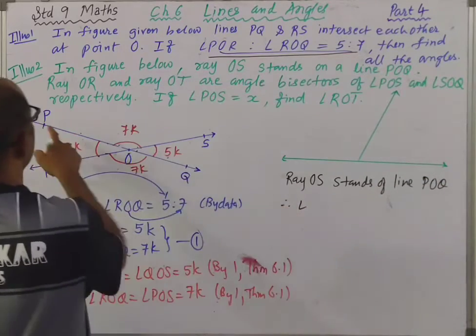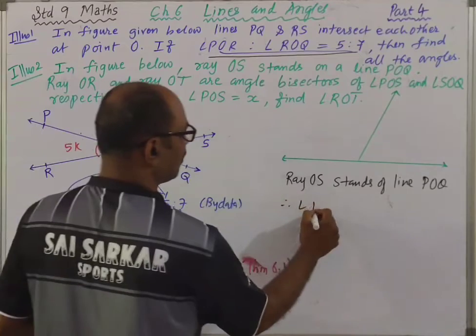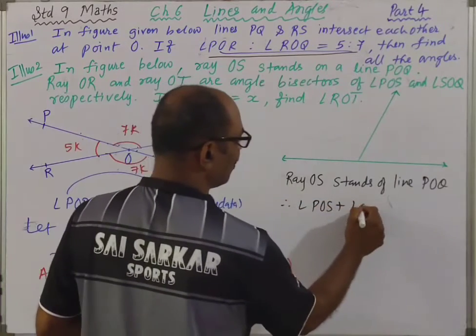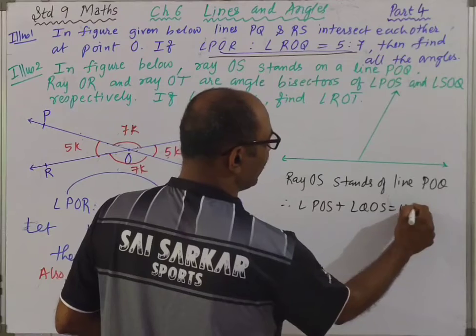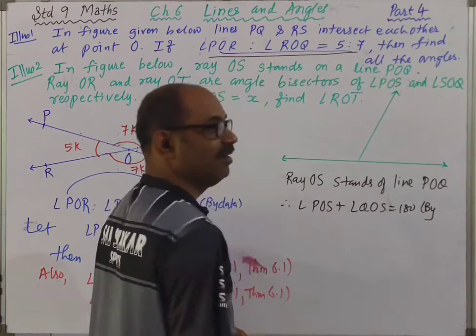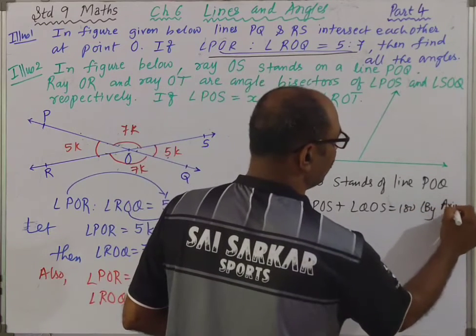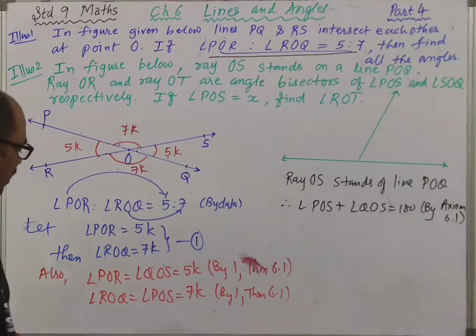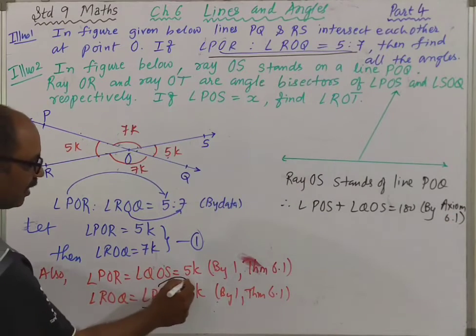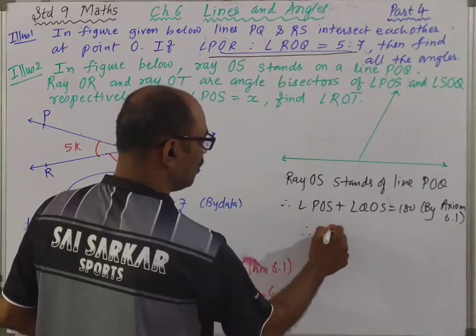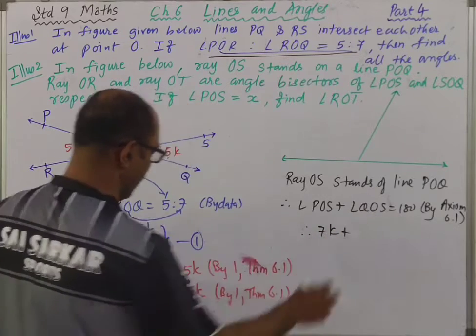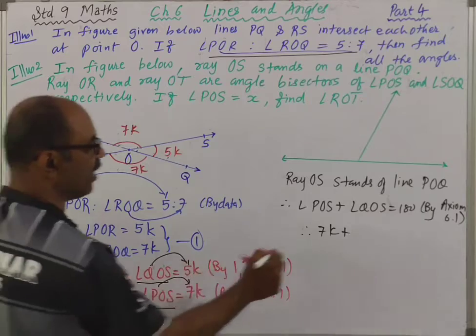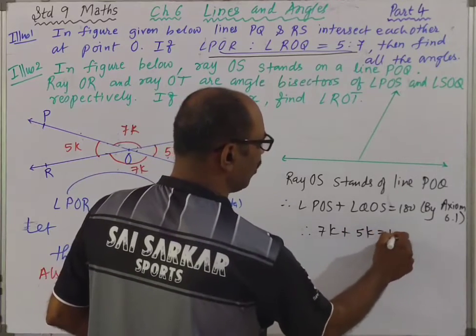Therefore, angle POS plus angle QOS is equal to 180 by Axiom 6.1. Now where is POS? Here. What is it? 7K. Therefore, 7K plus QOS. Where is QOS? Here. And what is that? 5K is equal to 180.